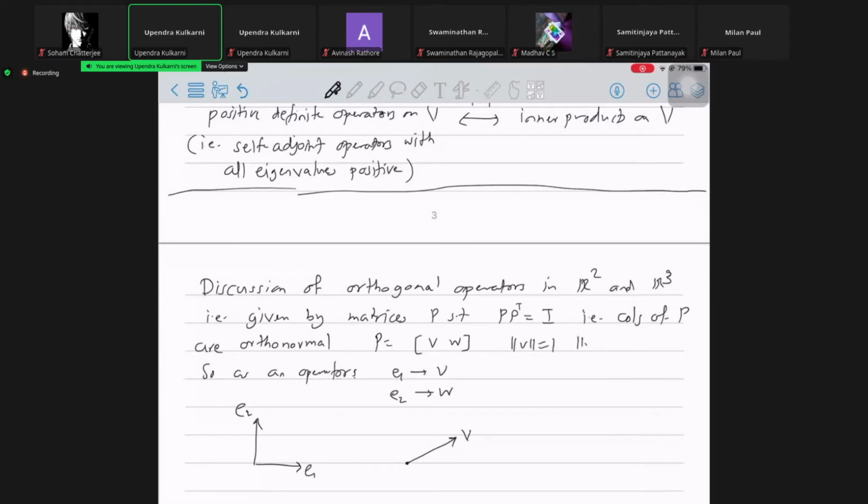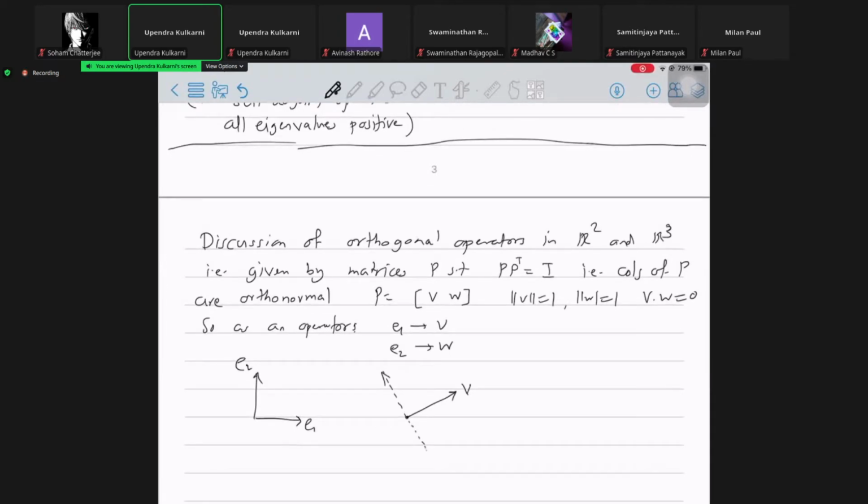Norm of V is 1, norm of W is 1, and V dot W is equal to 0. So V is perpendicular to W. So the only possibilities for W are this one or this one. Let us call this number 1 and this number 2 cases.